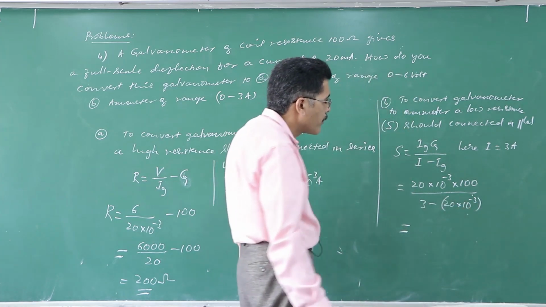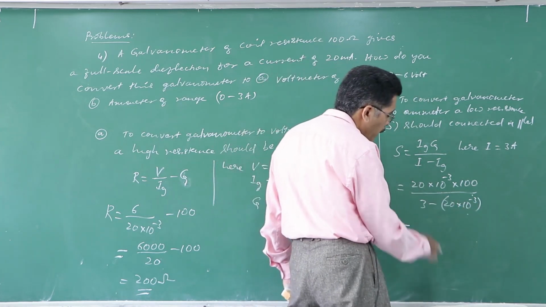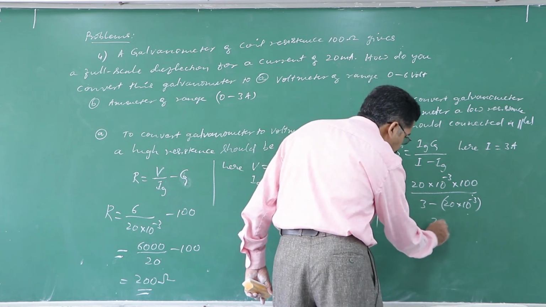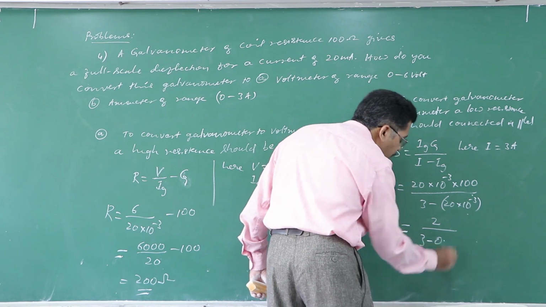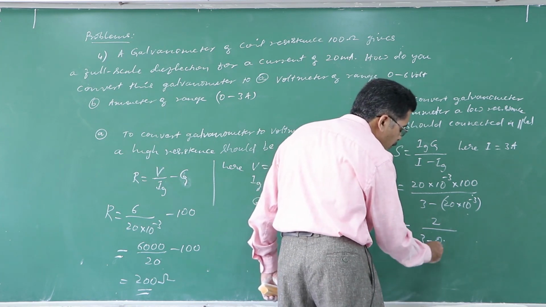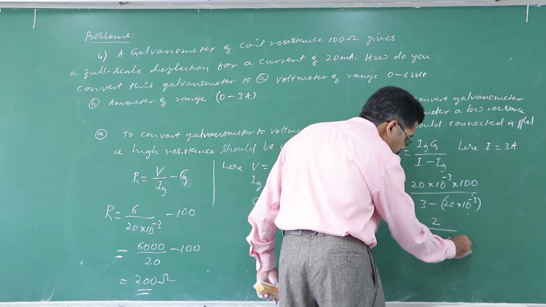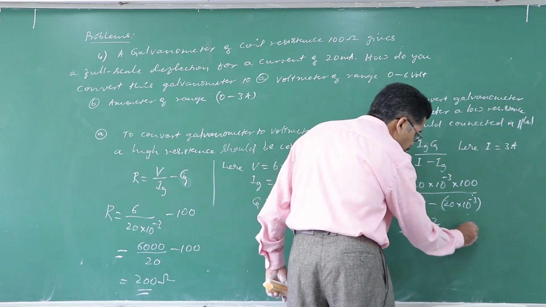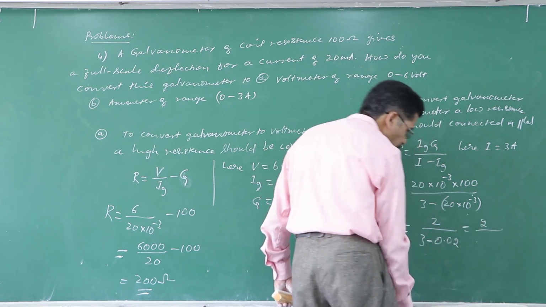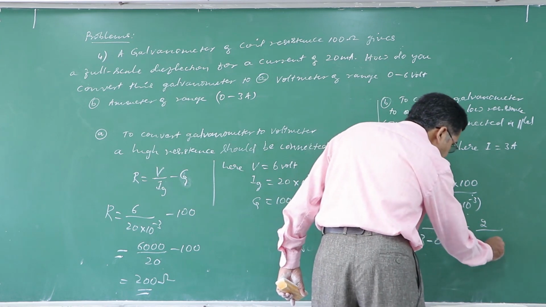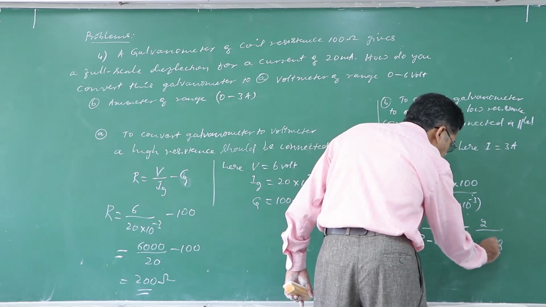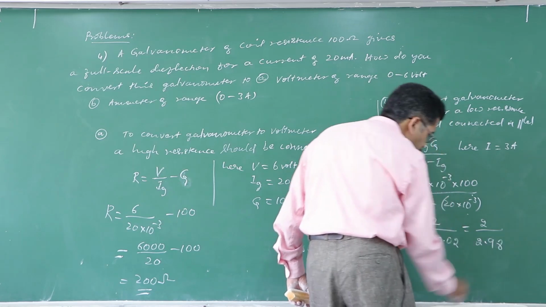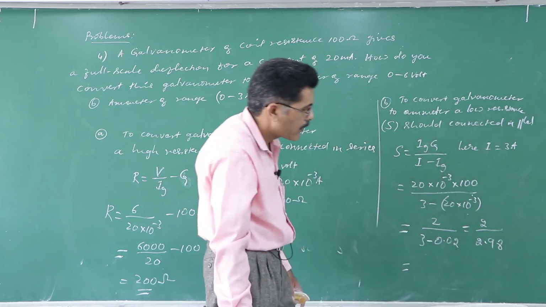This comes out to be 2 divided by 3 minus 0.02, which is 2 divided by 2.98.